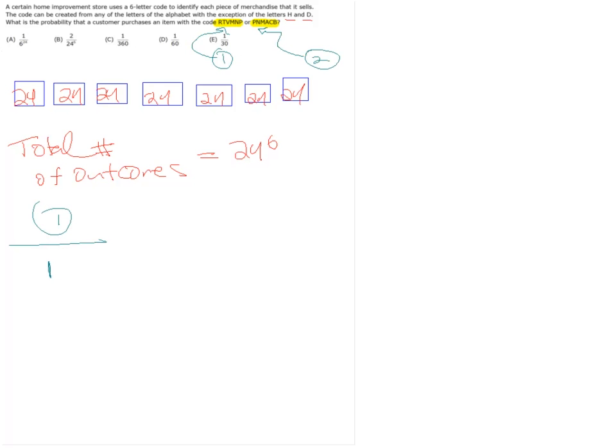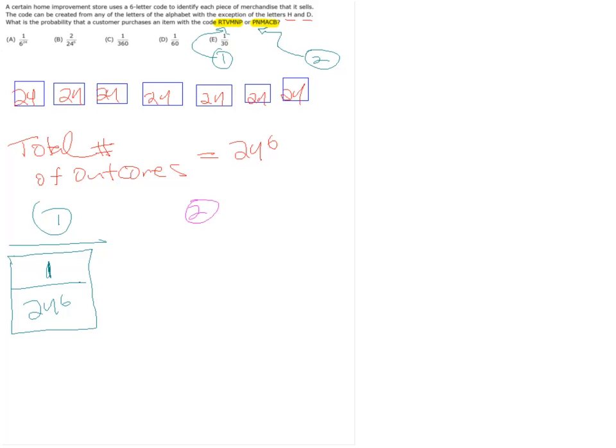So there's one way to make that code, and we know that there are a total of 24 to the 6 possible codes. So this now represents the probability of making merchandise code number 1. Now, merchandise code number 2, it's symmetrical. There's nothing different about it.